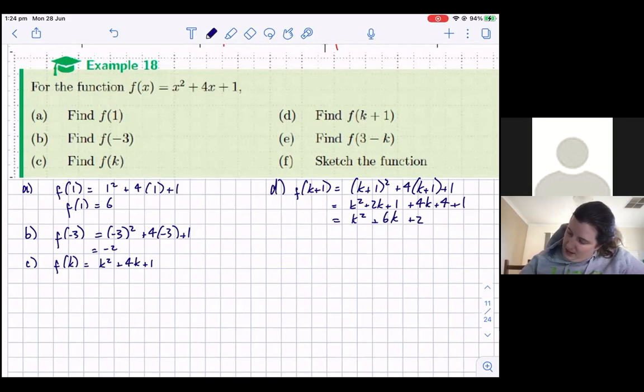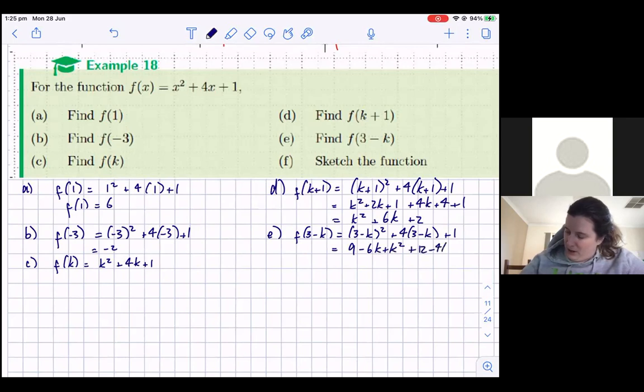And for E, f of 3 take k, we've got, this is really annoying, 3 take k squared plus 4 times 3 take k plus 1. So we've got 9 take 6k plus k squared plus 12 take 4k plus 1.